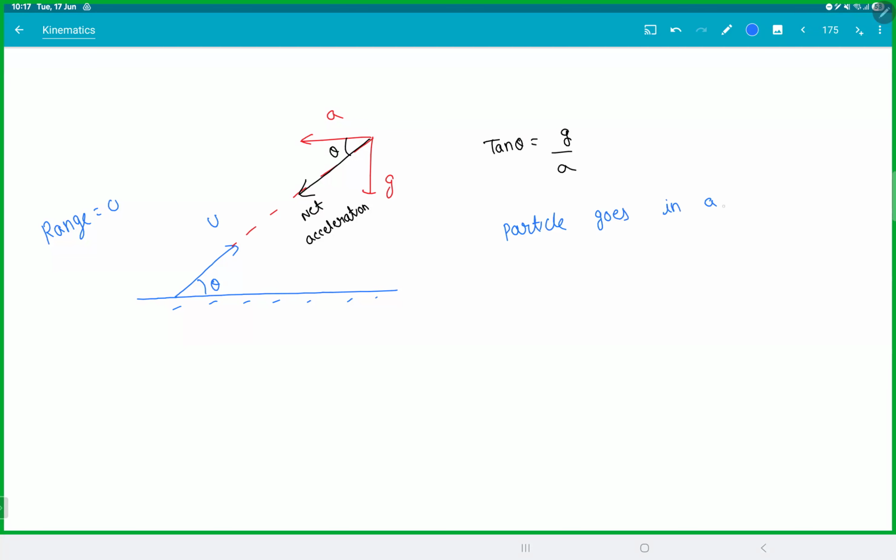The particle goes in a line and comes back to the initial point. Right? This is possible if velocity and the net acceleration are opposite to each other. Net acceleration. So a and g together will create an opposite acceleration.